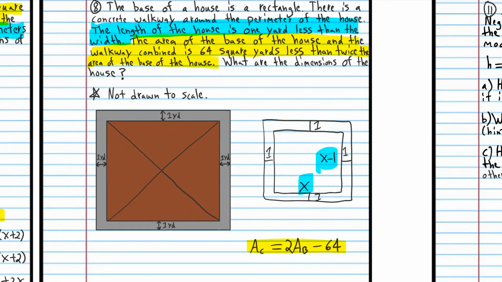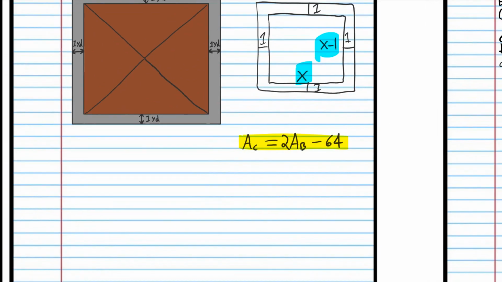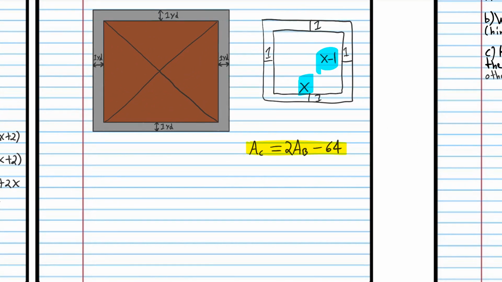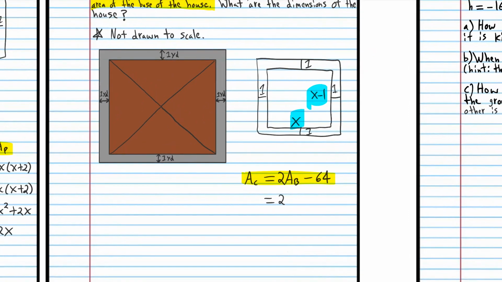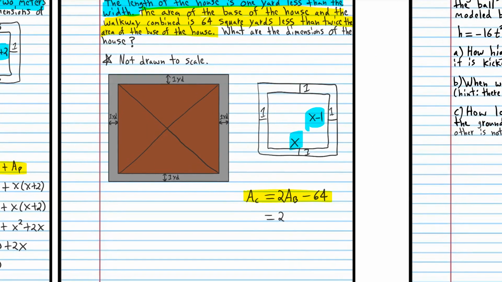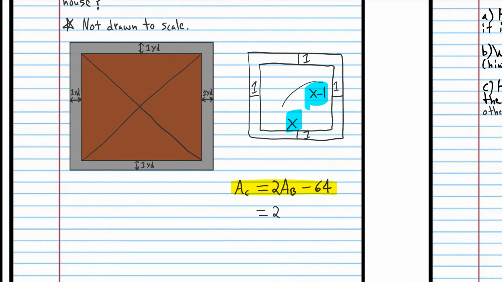All right, so we're ready to go at this point. So let's do the easy part first. The area of the base of the house, that's just going to be x times x minus 1. Again, that's how you find the area of a rectangle, and it's a rectangle.